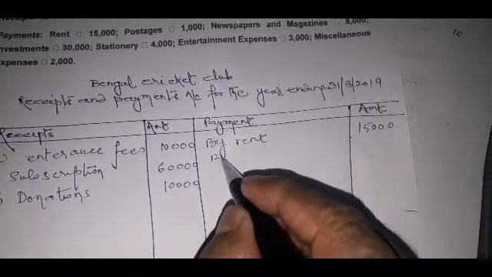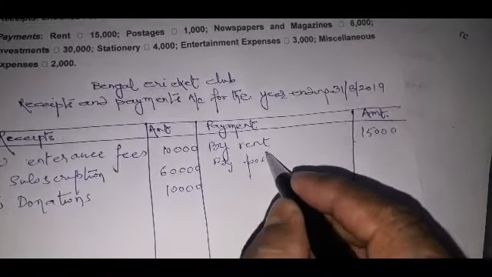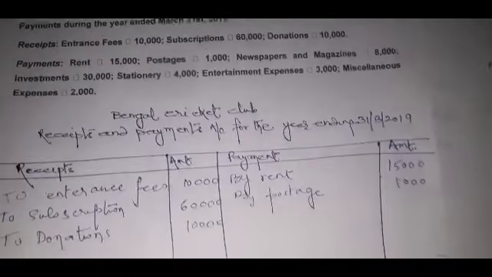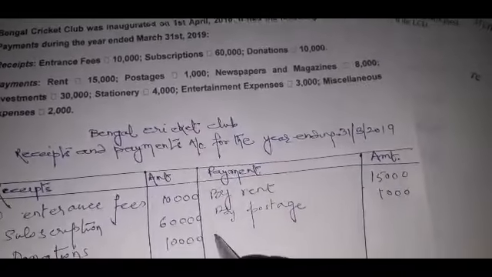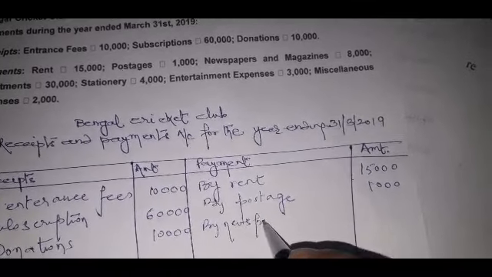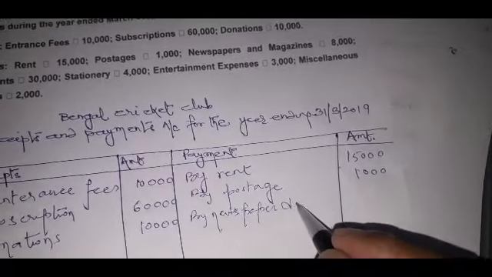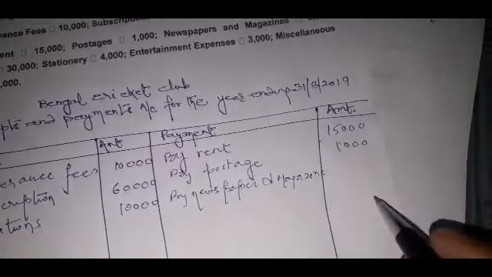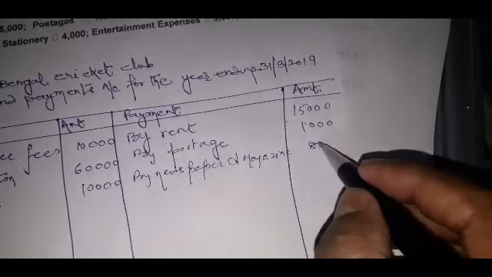Then next is your postage. So by postage, 1,000 rupees. Next is your newspaper and magazines. By newspaper and magazine, amount is 8,000 rupees.